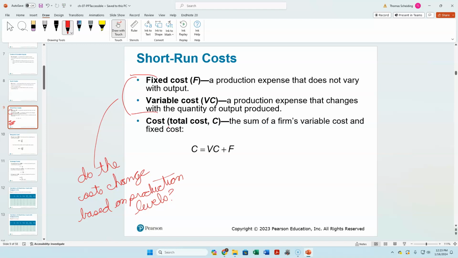Whatever you do with it, the rent you pay is not determined by your amount of production. Another fixed cost would be, for instance, a license for operating your business. That would not be a variable cost. It would just be a cost that you bear for running your business.